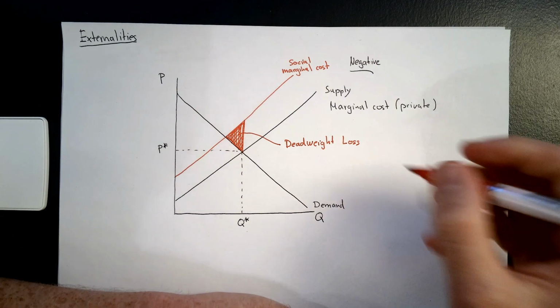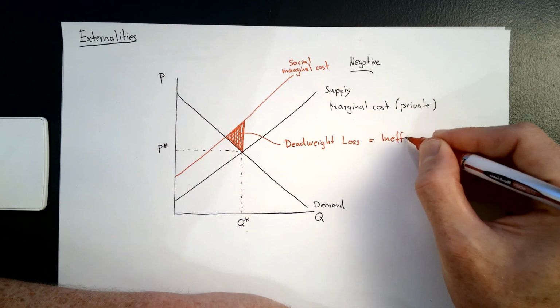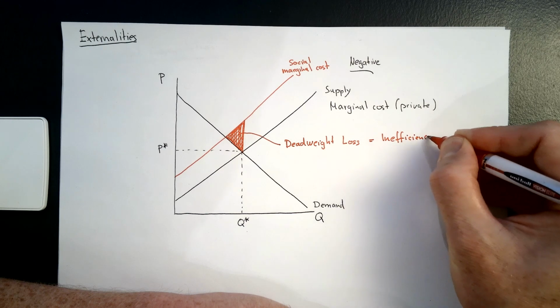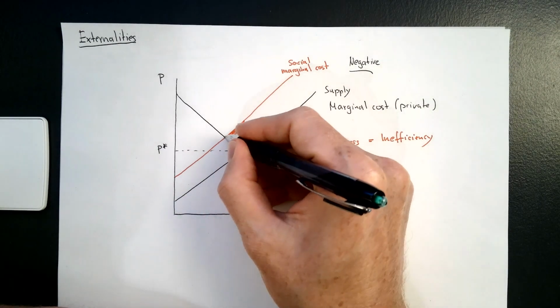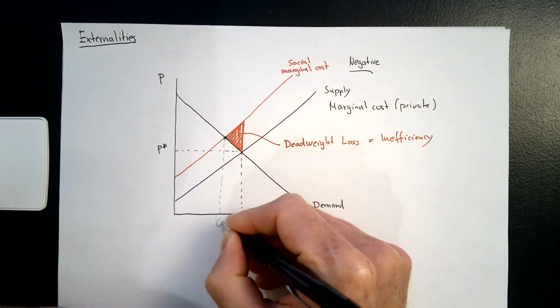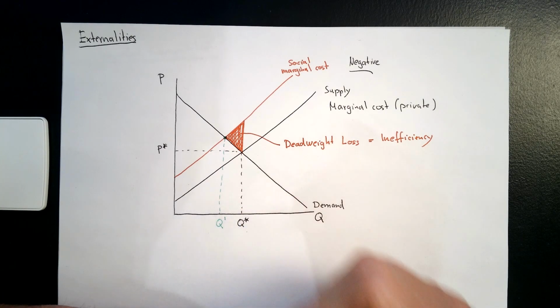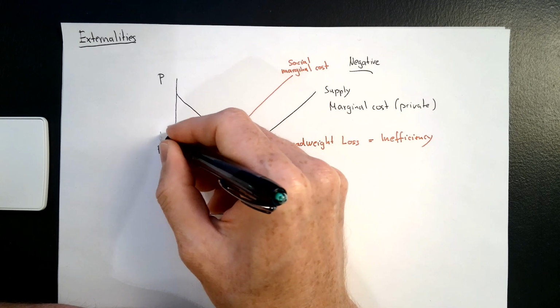Think about this as an inefficiency. Okay. And it can be shown that society would be better off, or to avoid this inefficiency, if society were to produce at, let's call this Q prime, and at a higher price P prime.